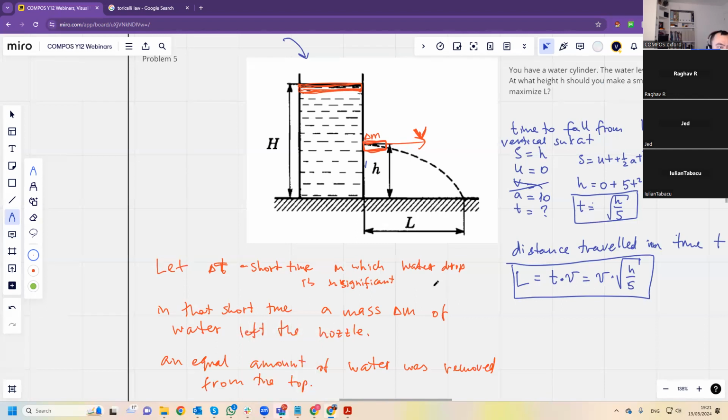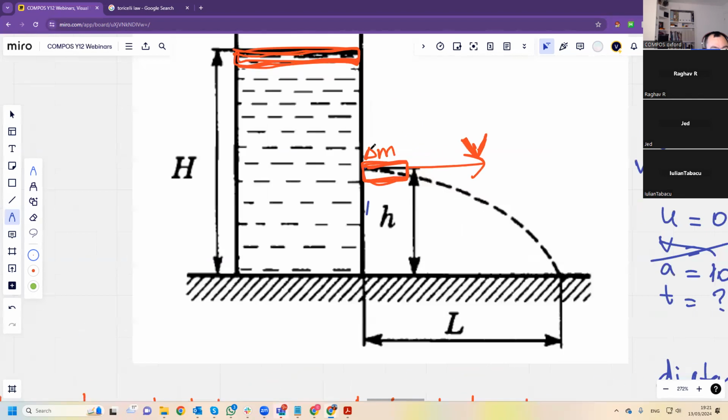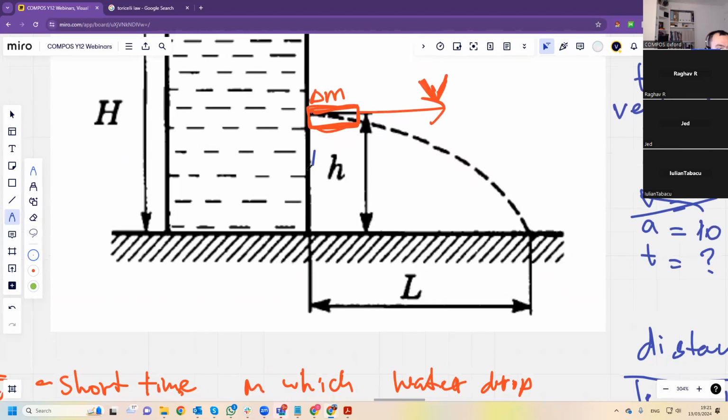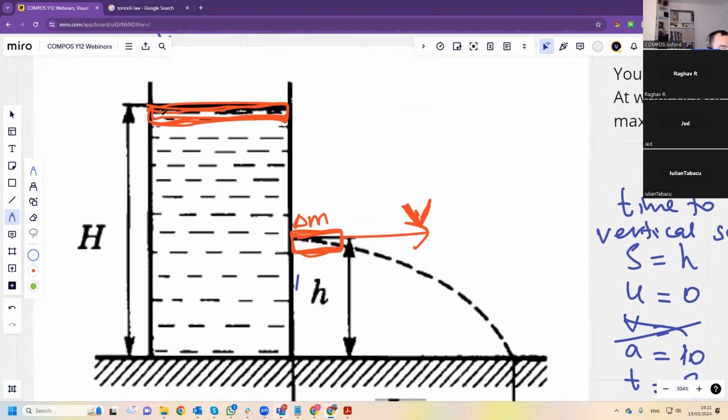So for the change in gravitational potential energy of the water, you can think of it as this piece of water having been removed from here. So this is that water, and that means that this water drops by this much, so H minus h.